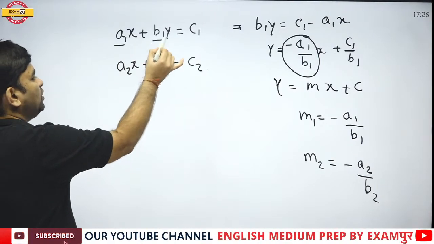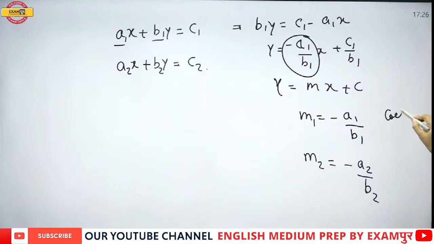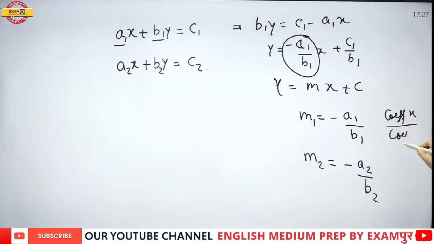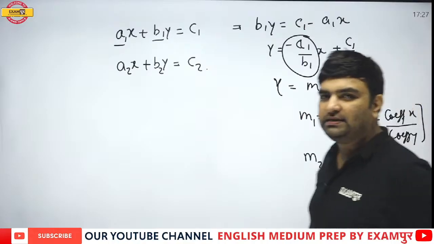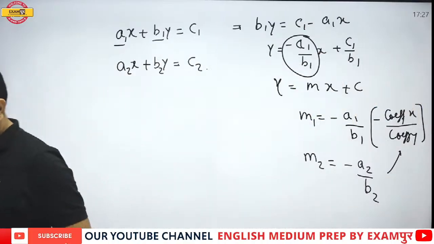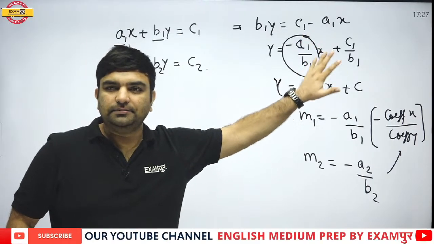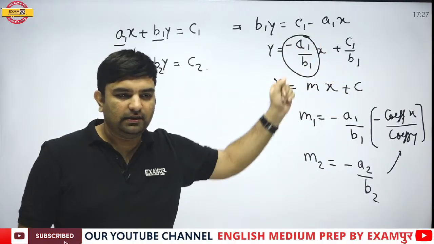Coefficient of x over coefficient of y with the negative sign is the slope. We have done this derivation for the first and the last time.